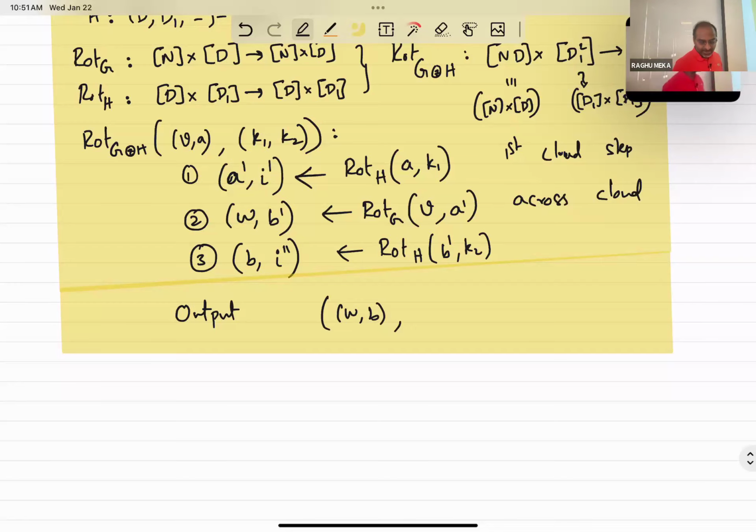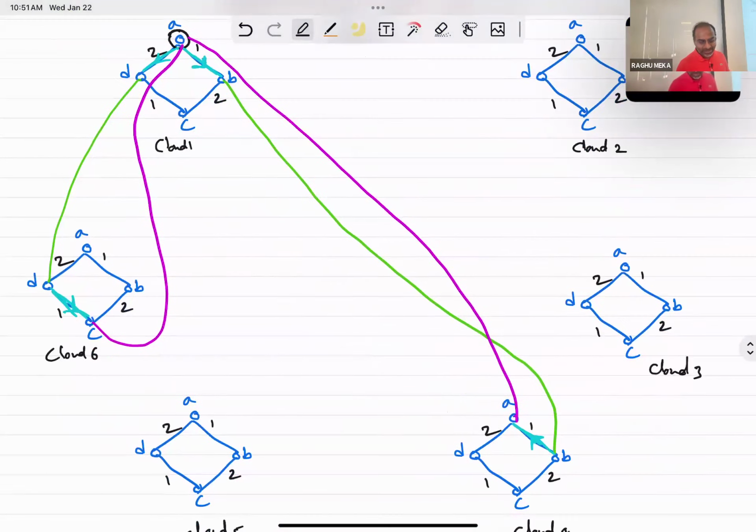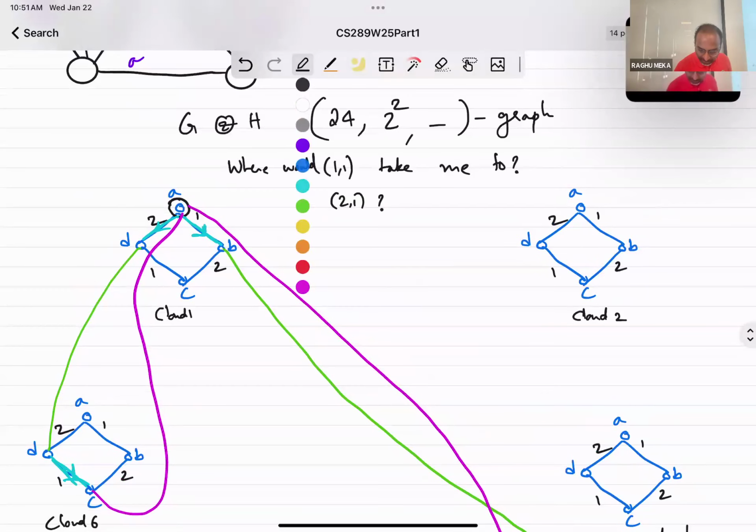And so this is why you don't immediately get a consistent labeling. I think it's clearer when you do 2 comma 1. So when we went from (v, a) with (2, 1), we ended up here, right? But if I take (2, 1) from here, I don't end up back, because I had to first take the 2 step and then take the b edge. So what should I do from here to get back?